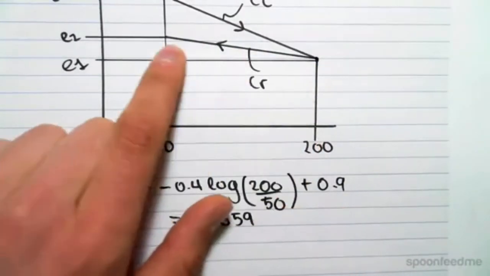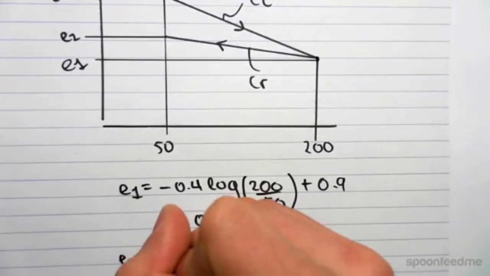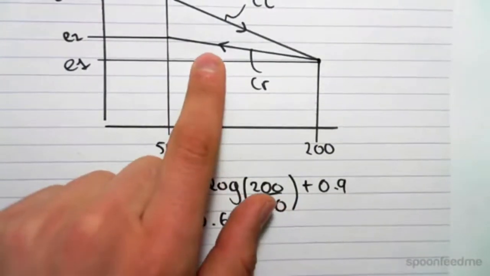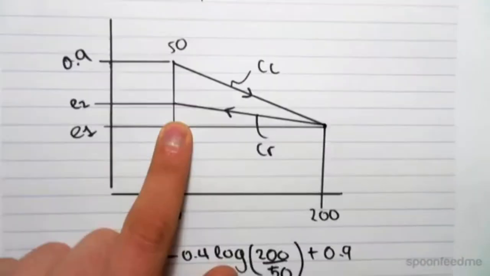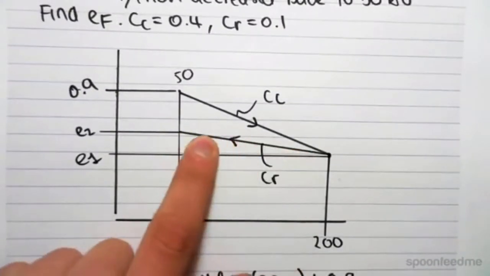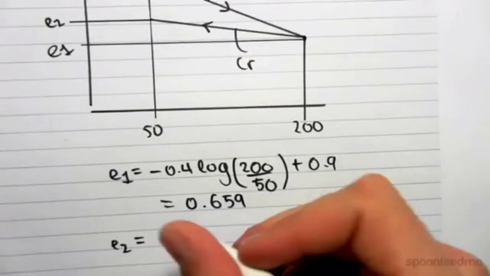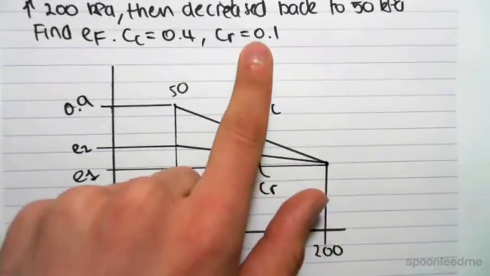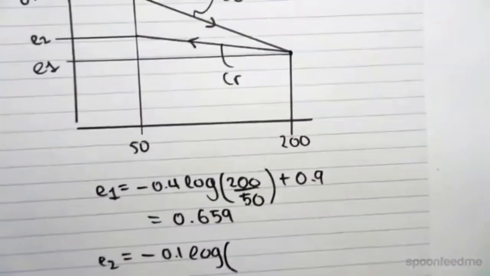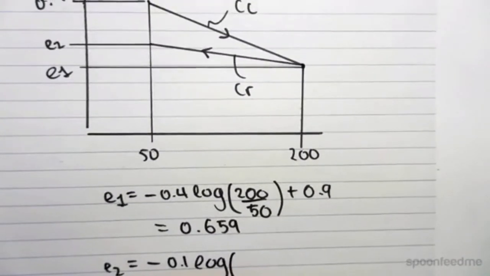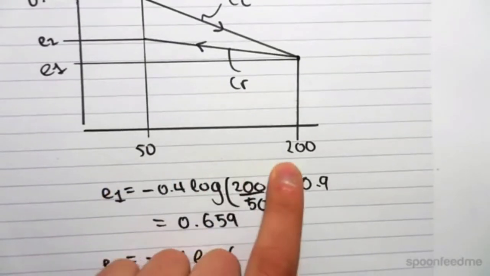The next thing we need to do now is find E2. We're now on the over-consolidated line, so this line here, which means we're using CR. So it would be minus CR, and CR is 0.1, so minus 0.1 log. Now we've never done this before, but the final effective stress is actually smaller than the initial.